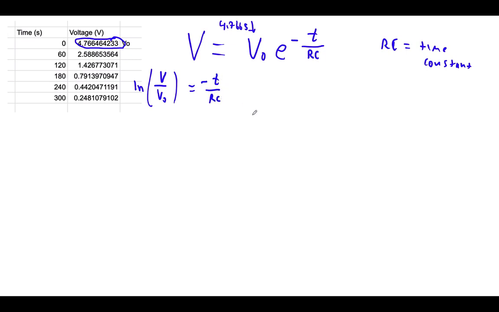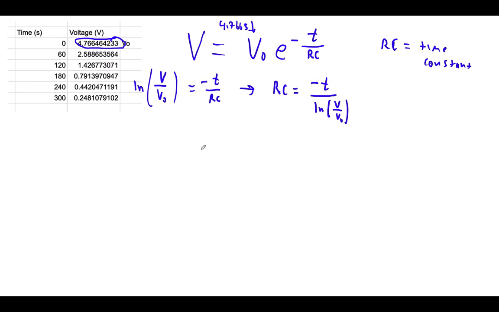Okay. Our next step would be RC equals, I could just leave it as negative T divided by ln of V over V0. Now, if you want to get rid of the minus sign, just take the reciprocal of whatever's there, right?